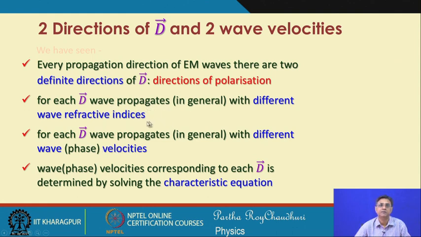Because the refractive indices are different, the wave velocities are also different. Now, these wave velocities corresponding to each d are determined by solving the characteristic equation. That is what we have seen in the earlier section by solving that matrix equation, putting the determinant of the matrix equal to 0.